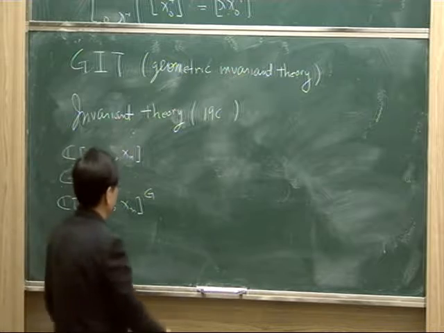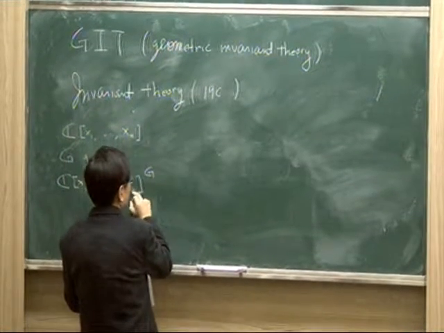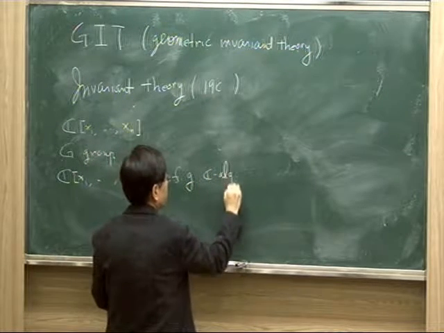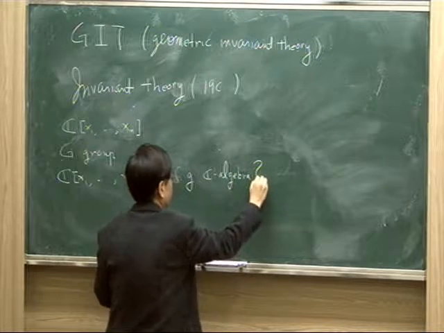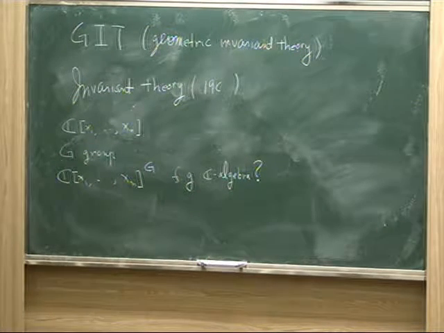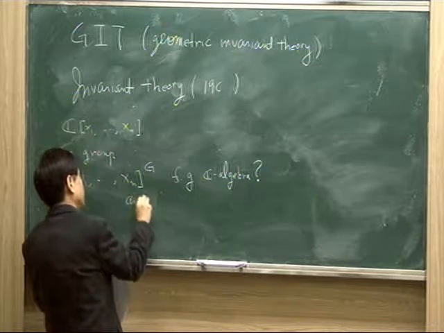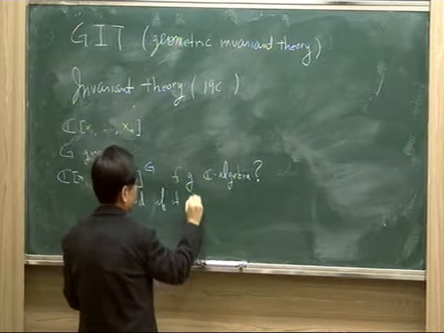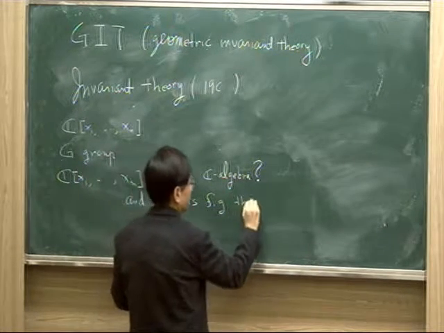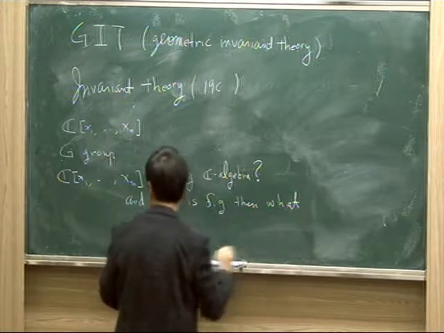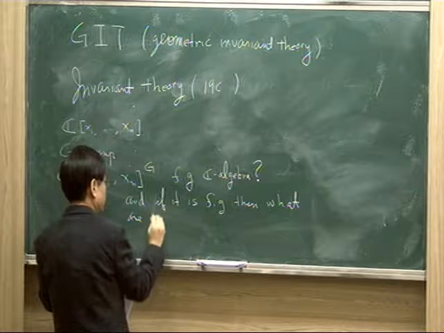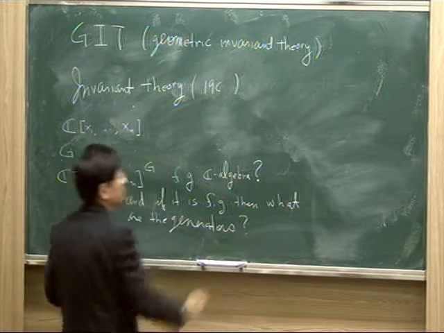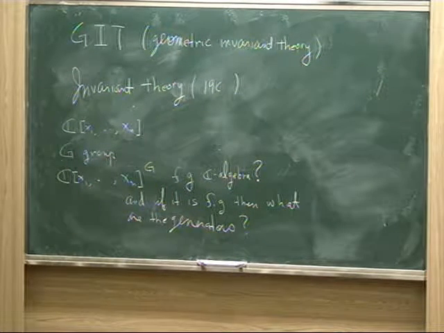The question is when this invariant ring is again a finitely generated C-algebra. And if it is finitely generated, then what are the generators? This is one of the most important problems in invariant theory.